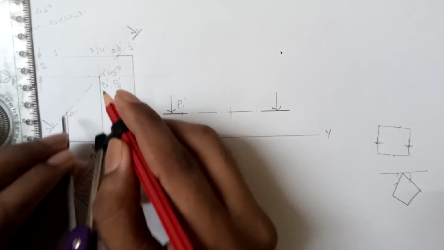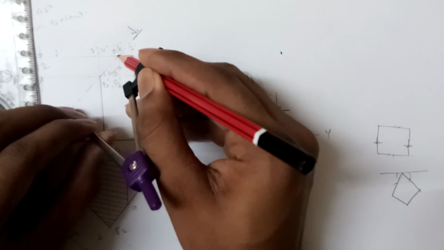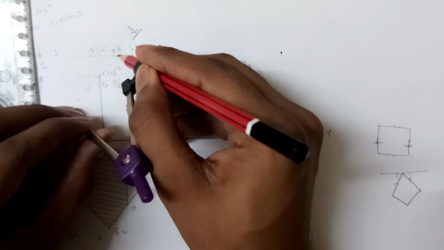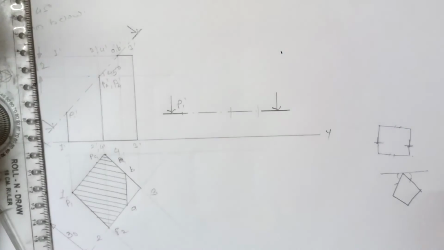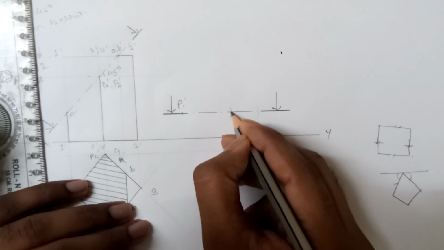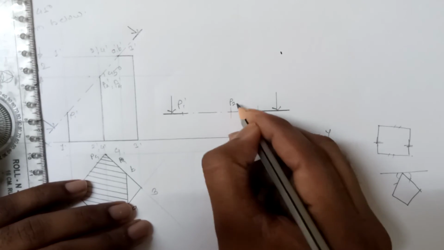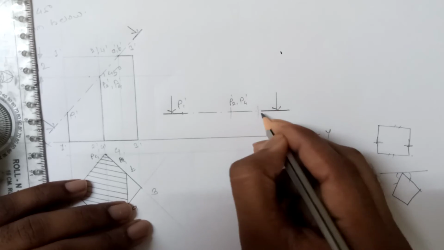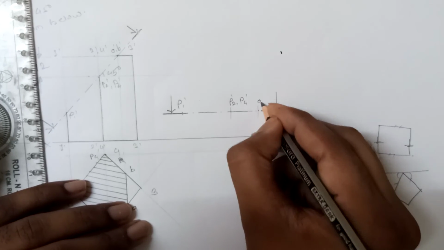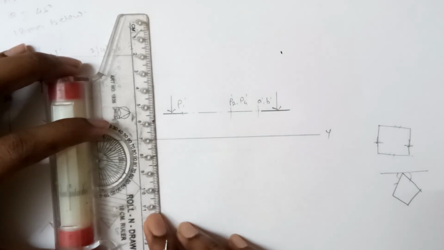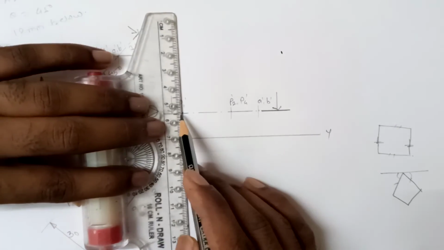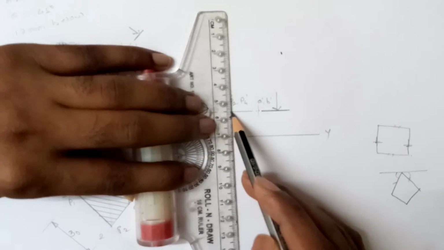Okay, similarly from P1 to A and B. So here this point is P2 dash, P4 dash, this point is A dash, B dash. Take the projection of all these 3 points in the top view, below the XY line.